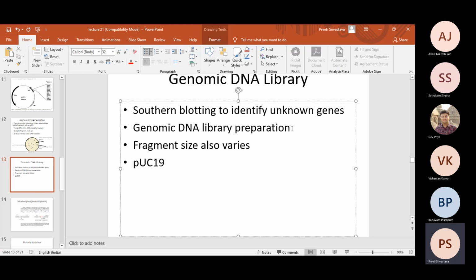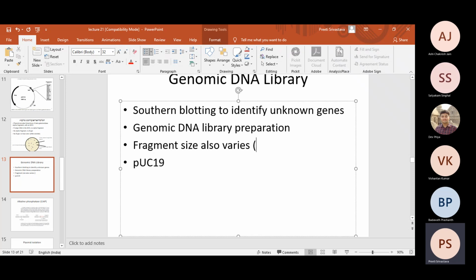That means the fragment of genomic DNA that you will clone in pUC19 can vary, because pUC19 is 2.6 kb. pUC19 is stable and it can hold inserts of approximately 7 kb, so that the final size of the plasmid should not exceed 10 kb. So fragment size can vary.